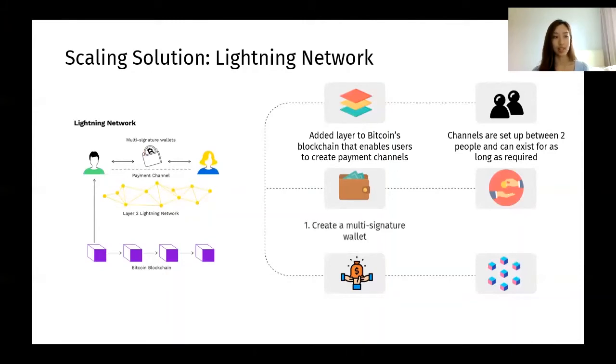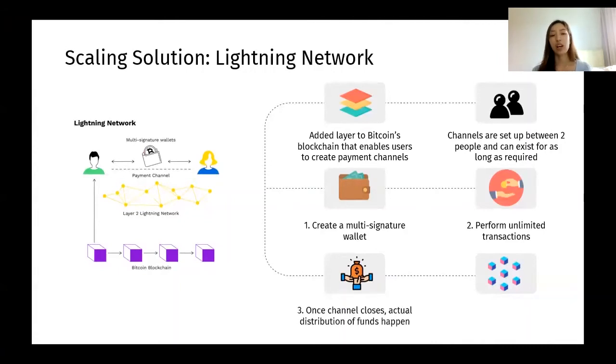To do so, firstly, you have to create a multi-signature wallet where both parties can access it with their respective private keys and then deposit a certain amount of Bitcoin. And then you can start performing unlimited transactions between the two parties.